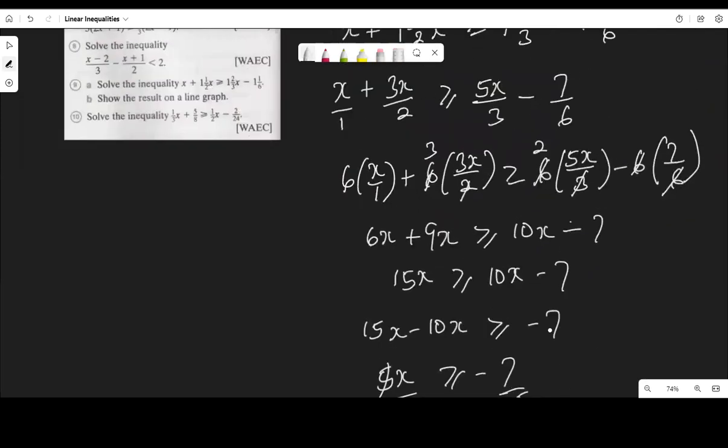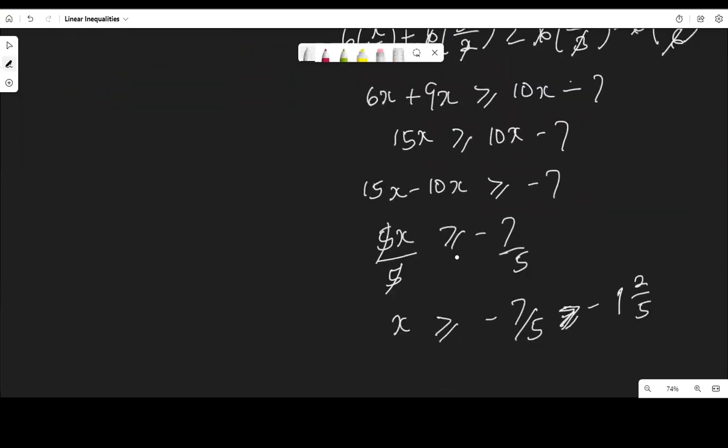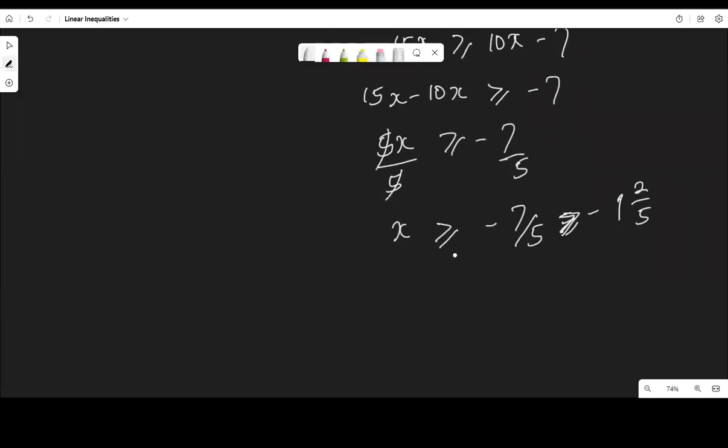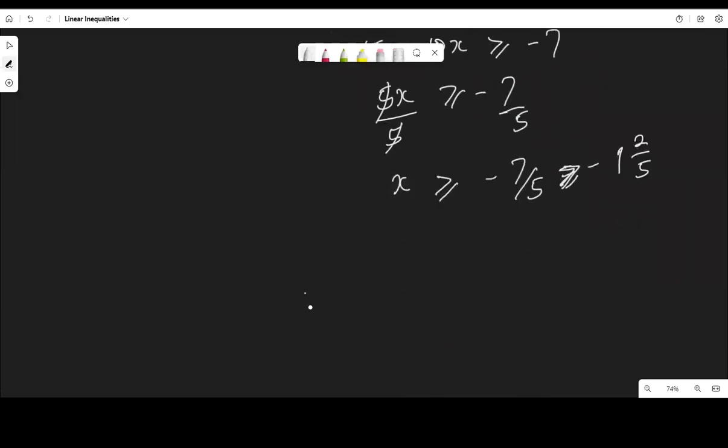So now we are to represent that on a line graph. That's question B. How do we represent this on a line graph? Draw the number line. That is 0 over here. We are representing a negative number, so that means focus on the negative side. This is minus 1, minus 2, minus 3.